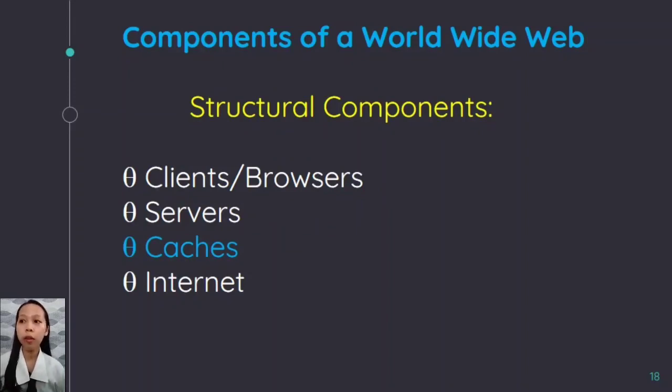These are hardware or software components that store data for future requests. Cache is computer memory that has a very short access time and stores data for future requests. And the last structural component of the World Wide Web is the internet. The internet is a global computer network providing access to a variety of information.